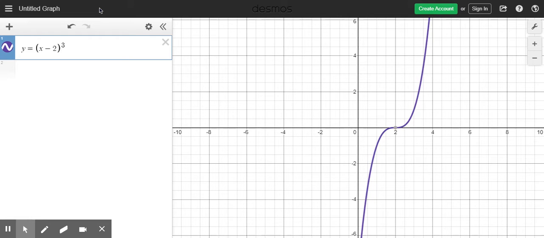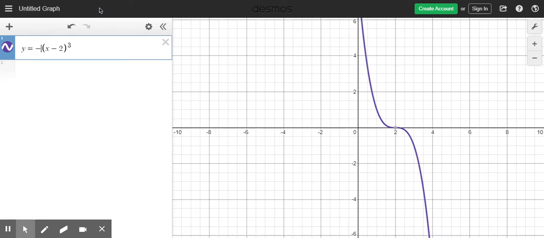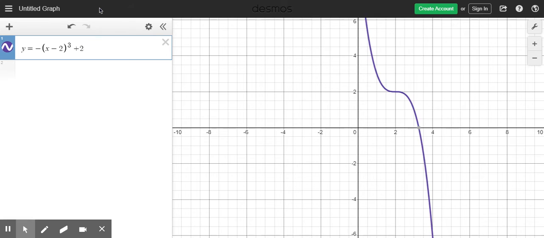There you can see it shifted to the right. If we wanted to reflect it across the x-axis, we would put a negative in front of the whole thing. If we wanted to shift it up, we could add a value to the whole thing.